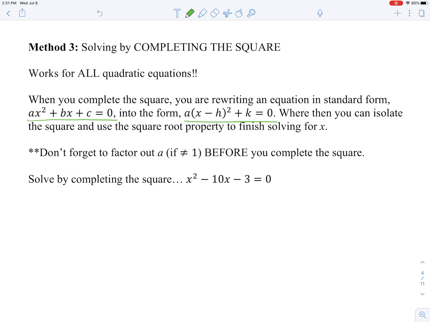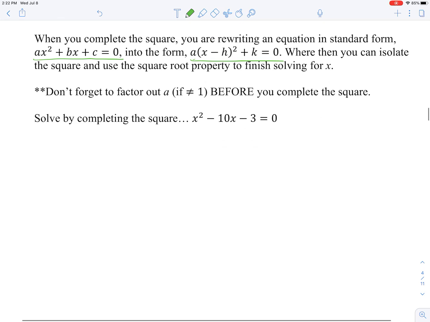Remember that you can rewrite the equation that represents a quadratic function in vertex form by completing the square, where h, comma k would represent the vertex, and we'll talk more about that in chapter 2.